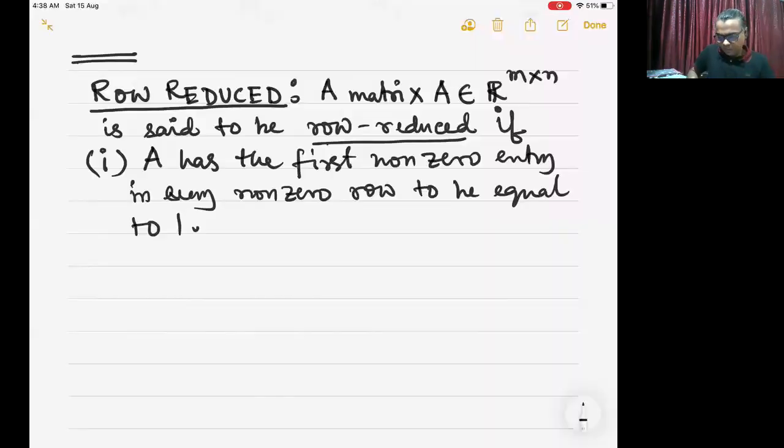I was saying that these entries, these ones, will be called leading ones. Okay.